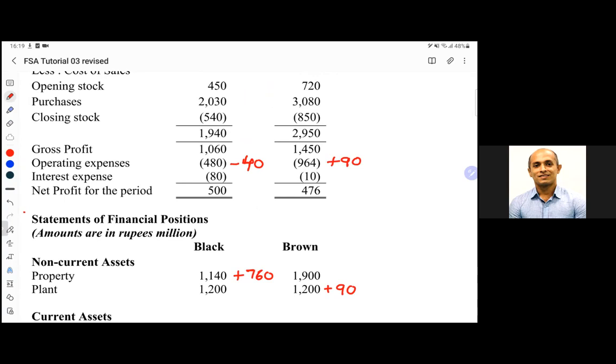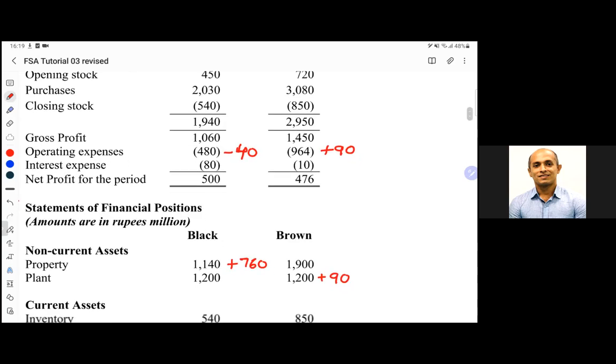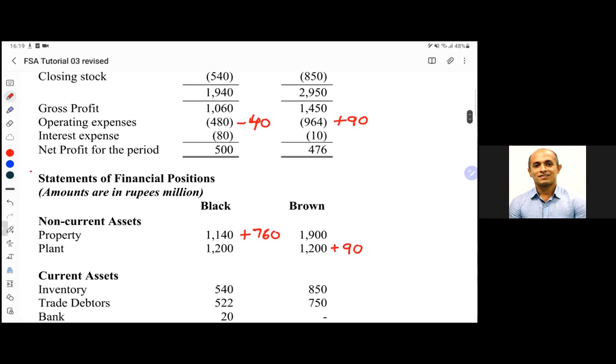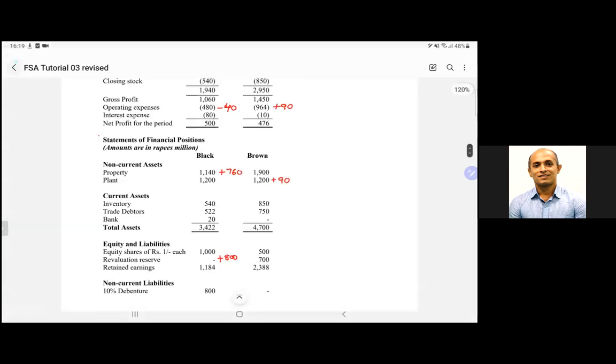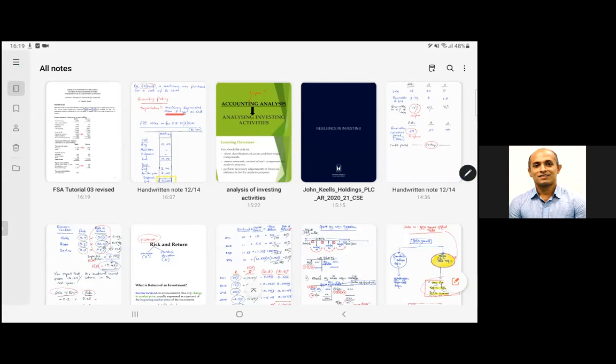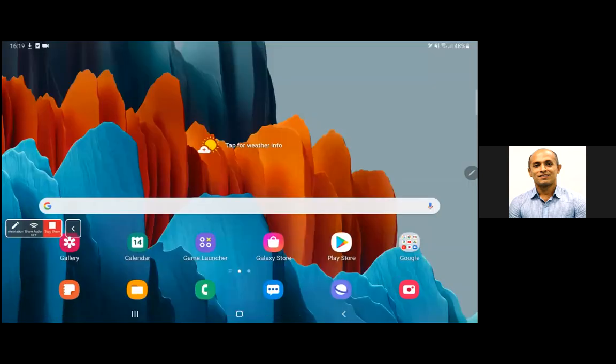To deduct the operating expenses, you say plus 90. Now the adjustment is: plant value increases by 90, and operating expenses decrease by 90. Right. Now you can adjust in your worksheet.